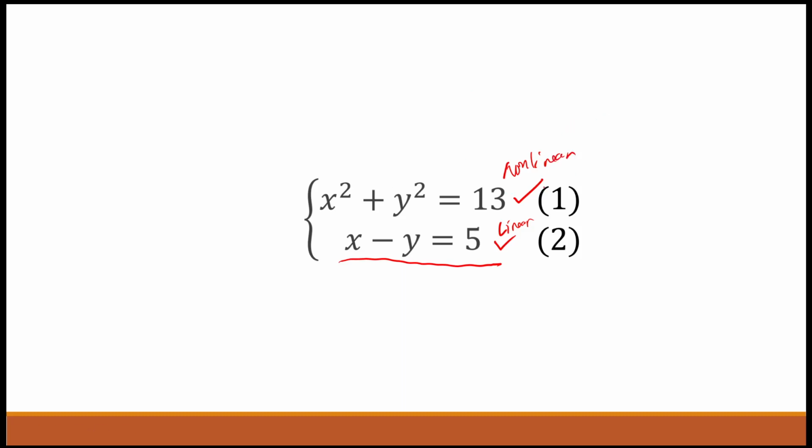Pero syempre, kung walang nonlinear dyan, system of linear equations lang yung tawag. Okay, so kung at least one of the equations dun sa system is nonlinear, you already call that a system of nonlinear equations. So how are we going to solve the system or find the solution set for the system of nonlinear equations?